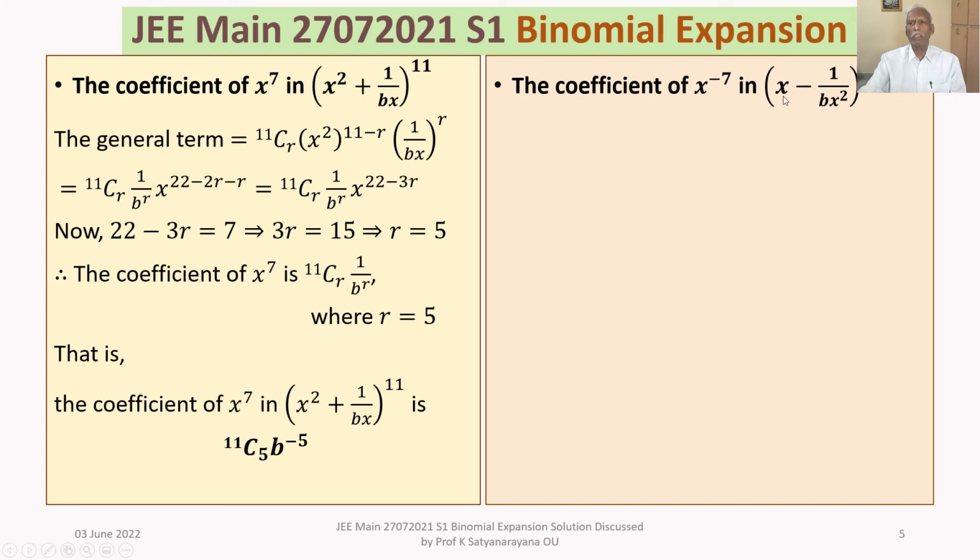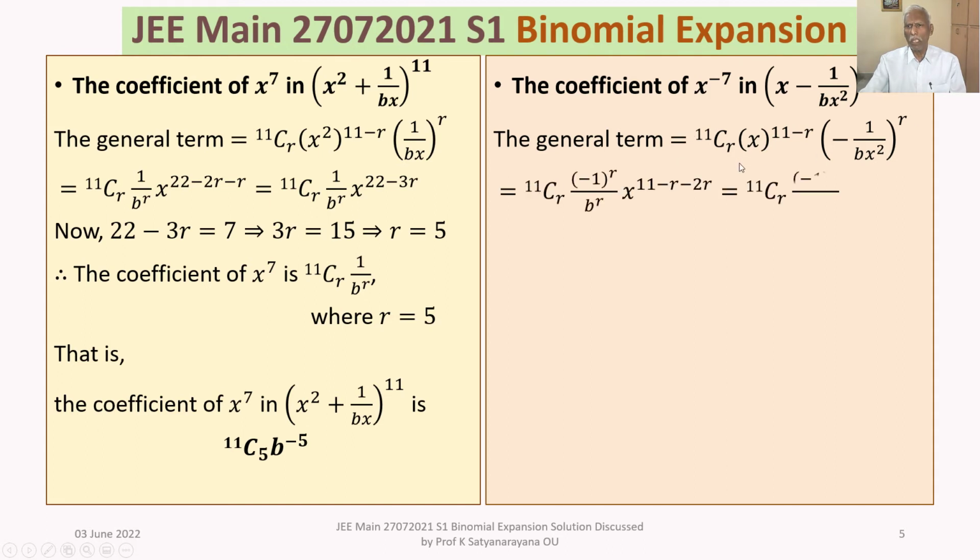The second expansion is (x minus 1 by bx square) to the power of 11, and the general term is given by 11Cr into x power 11 minus r into (minus 1 by bx square) whole power r, that is equal to 11Cr into (minus 1) to the power of r by b power r into x power 11 minus r into x power minus 2r, that is x power 11 minus r minus 2r, that is 11 minus 3r.